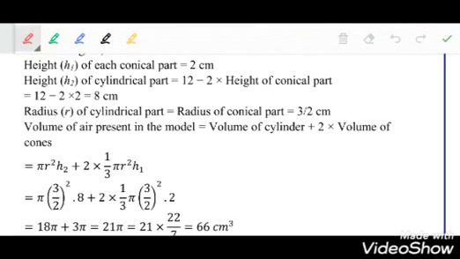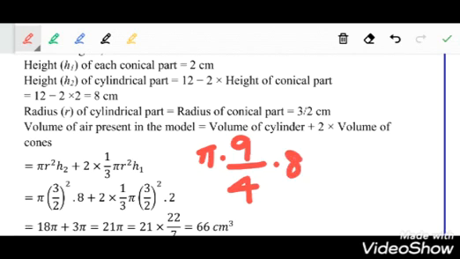You need to square the value, so the value becomes pi into 9/4 into 8. Now next, we take 2 into 1/3 pi and 3/2.